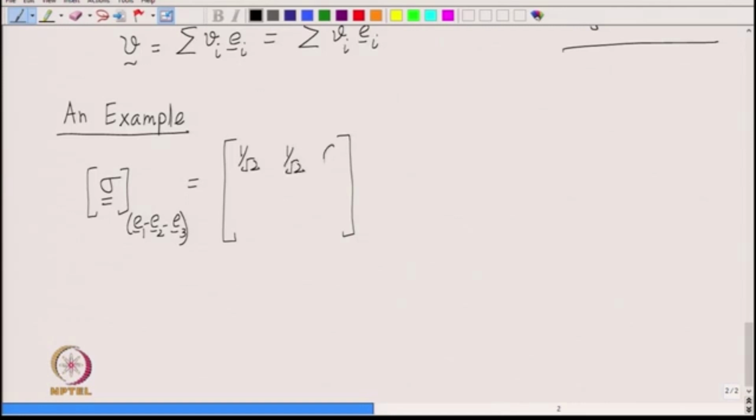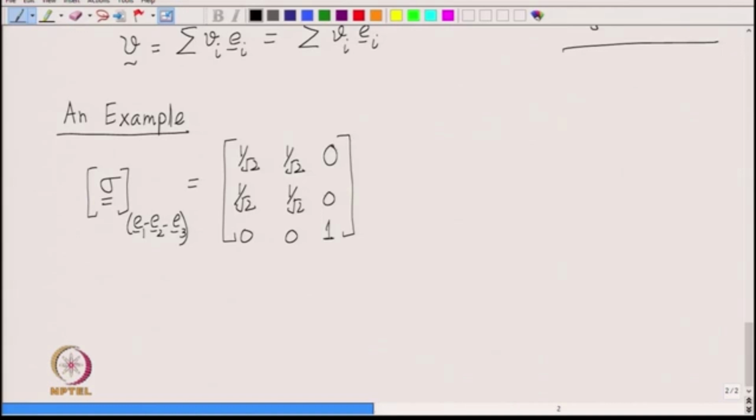One by root 2, 1 by root 2, 0, 1 by root 2, 1 by root 2, 0, 0, 0, 1. Okay. So, that is a sigma matrix in E1, E2, E3 coordinate system, and I want to find out how the sigma matrix looks like in the hat coordinate system. And let me say how the hat coordinate system and the one without hat are related.